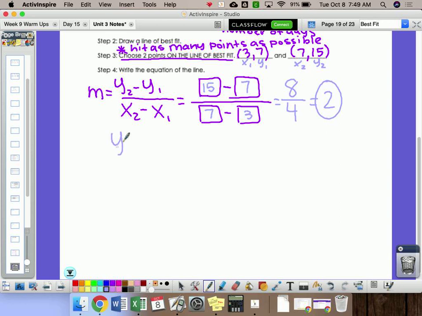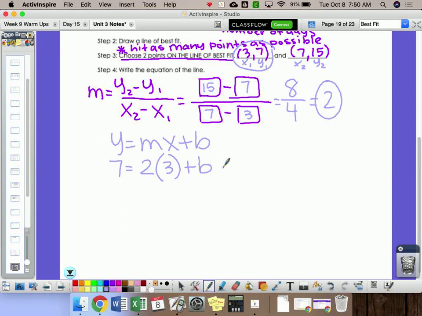So I have y equals mx plus b. I'm going to plug in everything that I know. I have points that give me x and y. I'm going to use, let's say, our first point. In our first point, the y was 7. We found that our slope was 2. And our x in our point was 3.